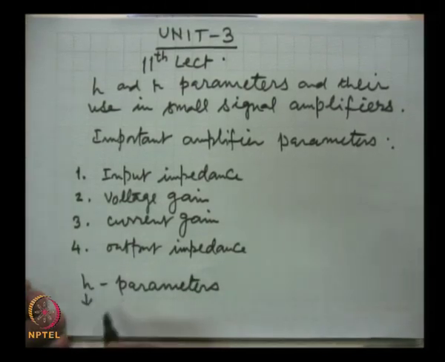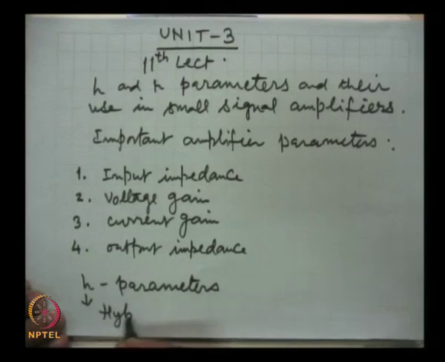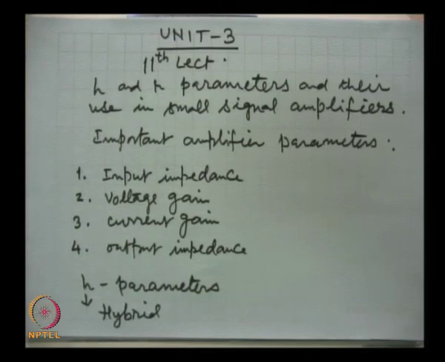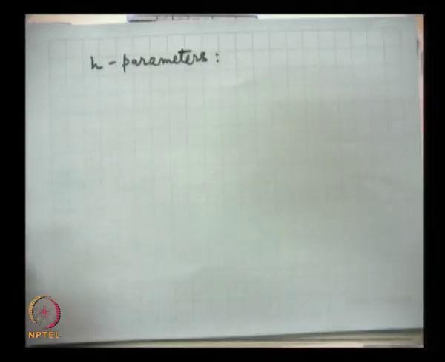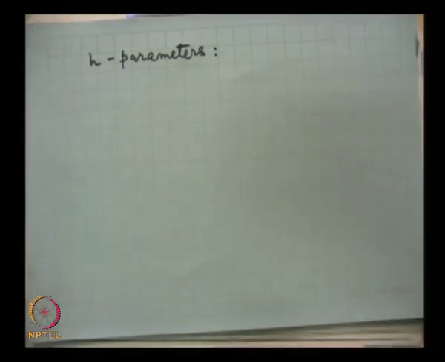H stands for hybrid, hybrid parameters, but popularly they are known as H parameters. And then after we finish this analysis, we will take another analysis which is through R parameters. R stands for resistance parameters. So, first H parameters, hybrid parameters.